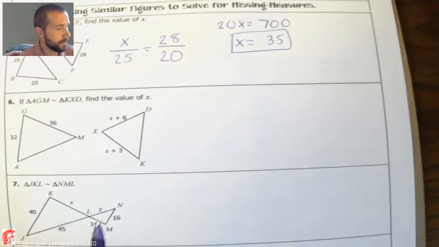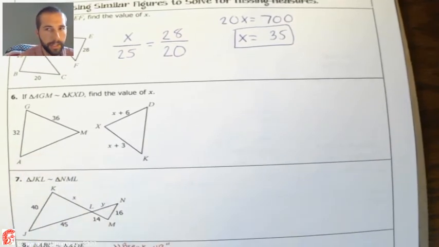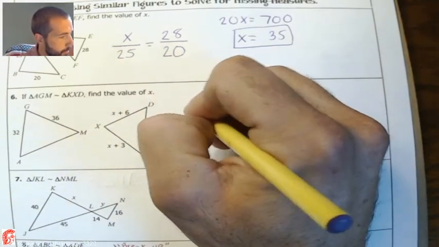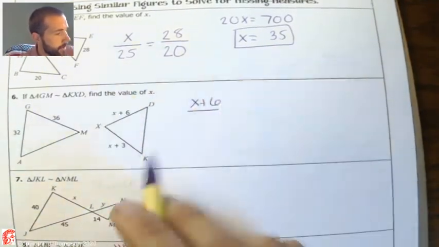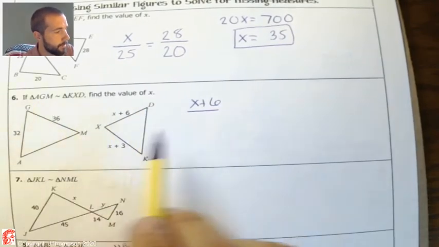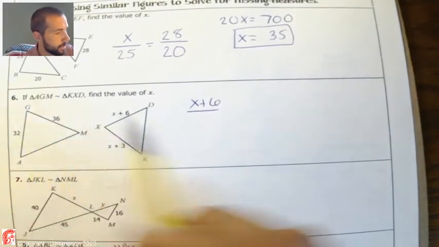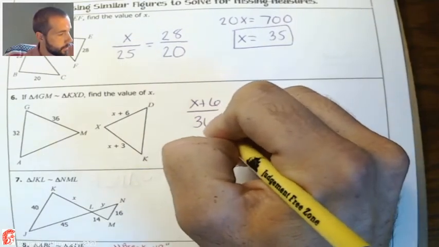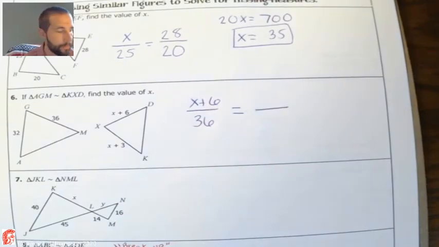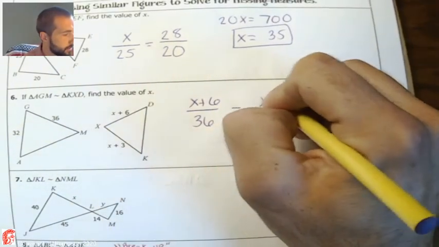Okay, so in number 6, we're just matching up the corresponding sides. I'm going to start with one of these x values. I'll just pick randomly x plus 6. That's side XD. Side XD corresponds with GM. So I'm going to put 36 with the x plus 6. Then I put equals and I do our other ratio, x plus 3.